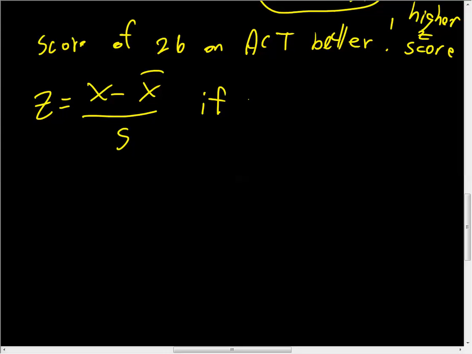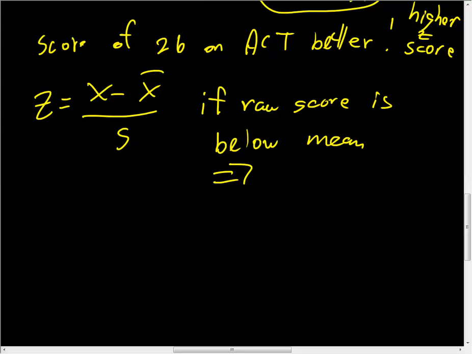If your raw score is below the mean, that implies your z-score will be negative.